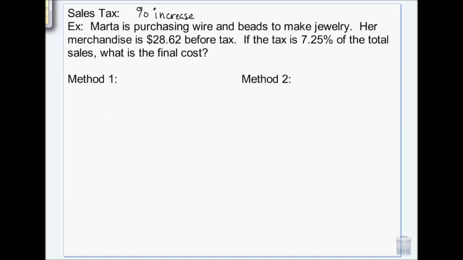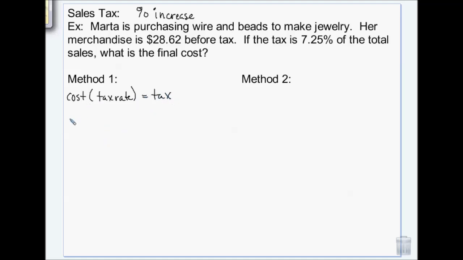Nobody ever says your sales tax is lowering your total by however much. Okay, there are two ways to do sales tax. The first way, you take the cost, you multiply it by the tax rate, and that gives you the tax.